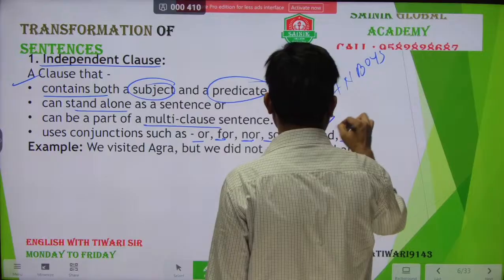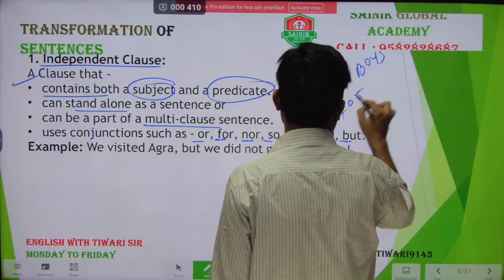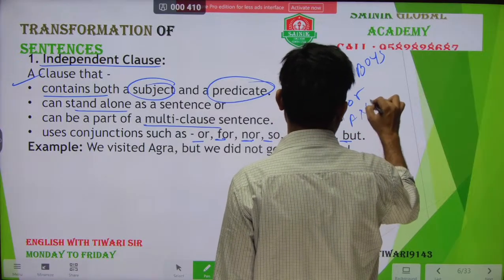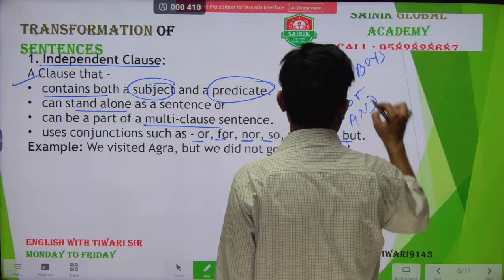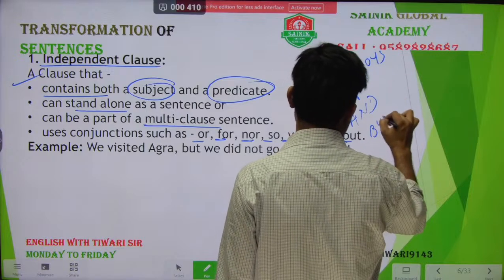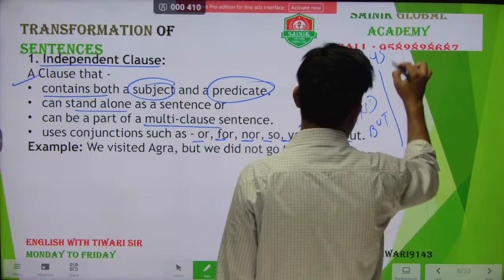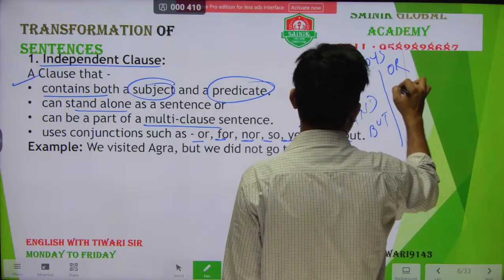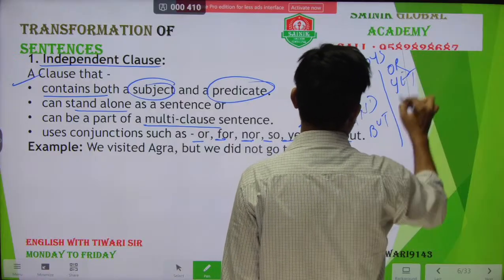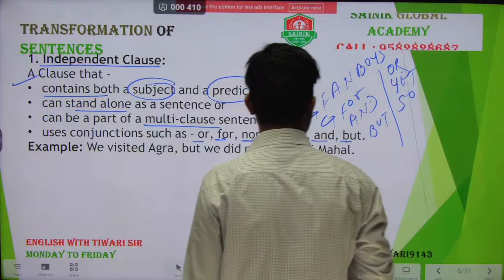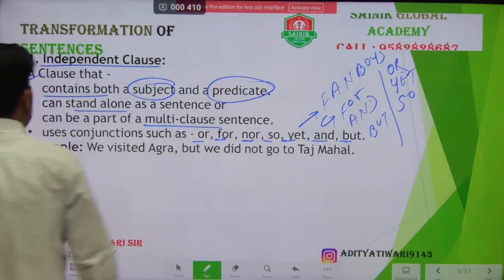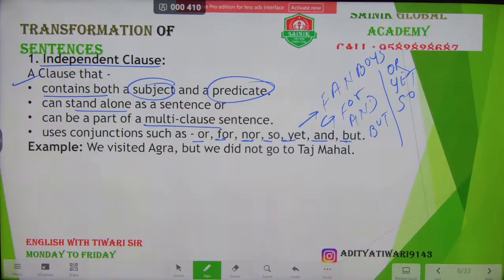From F we can take for, from A we can take and, from B we can use but, from O we can use or, from Y we can use yet, and from S we can take so. So in an independent clause we use the conjunctions of FANBOYS.